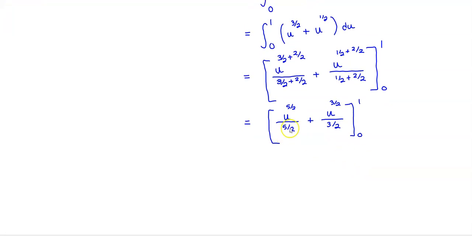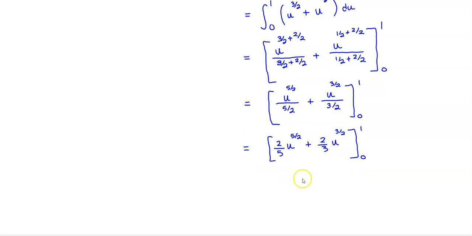Now before we evaluate the limits, we need to multiply the numerator by the reciprocal of the denominator. So we have 2/5 times u to the 5 over 2 plus 2/3 times u to the 3 over 2, evaluated from 0 to 1.